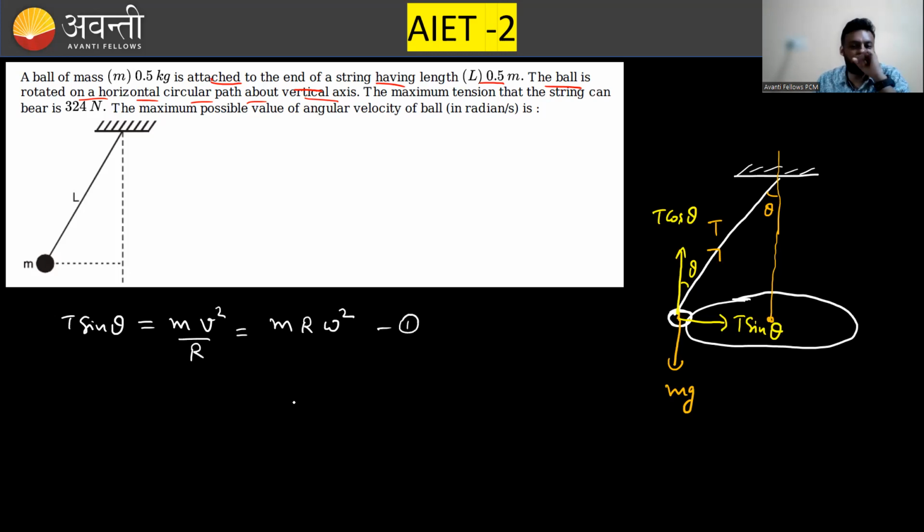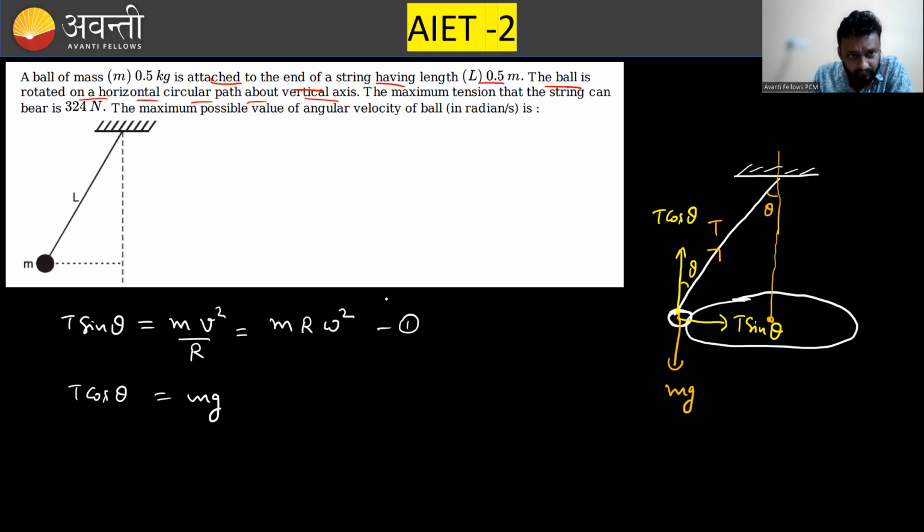Let's suppose it is equation number 1. And T cos theta is equal to mg. Clear? Now we need to calculate this omega square. A lot of values are given.